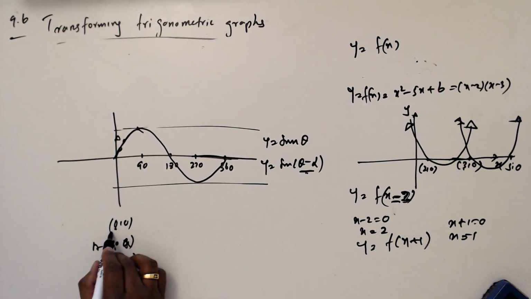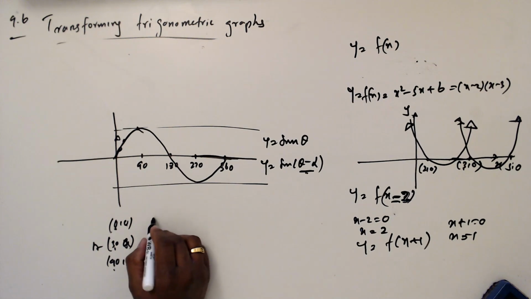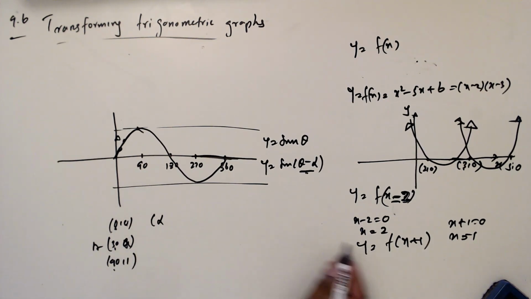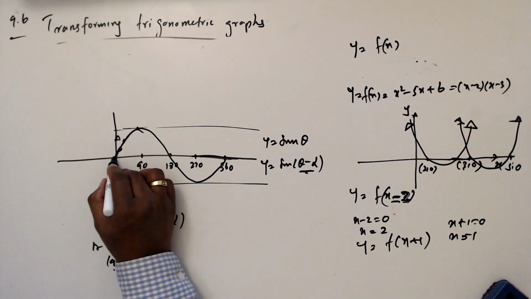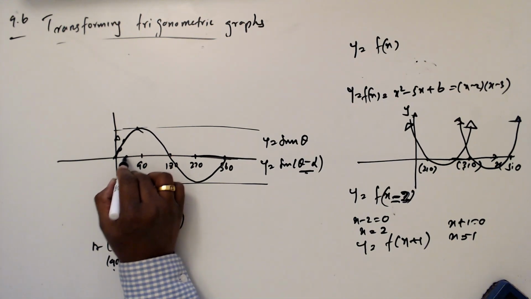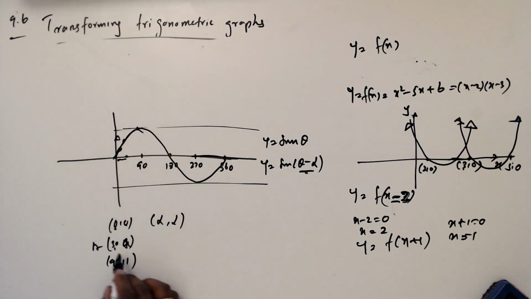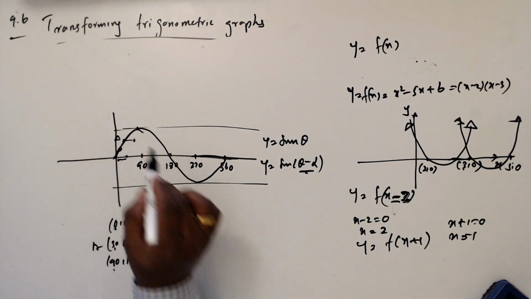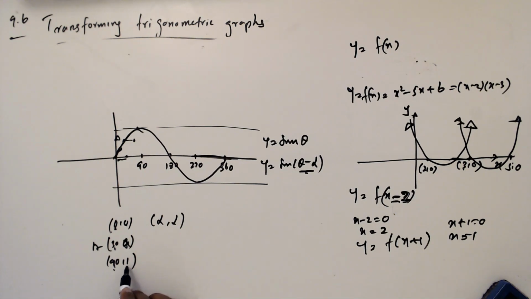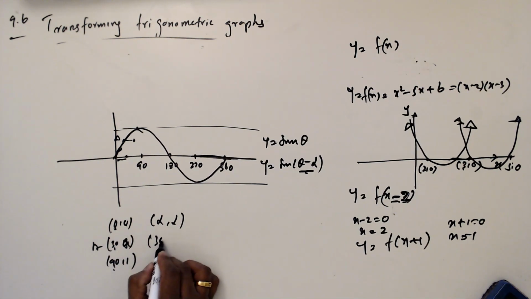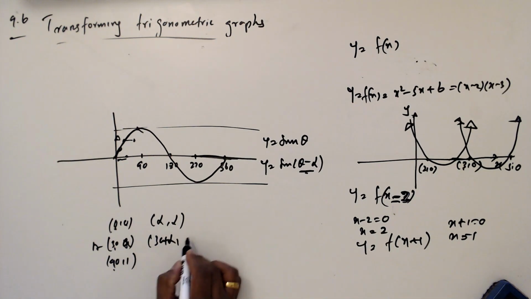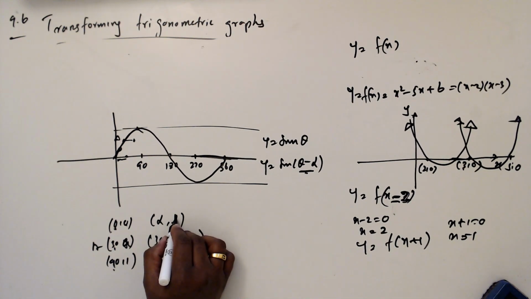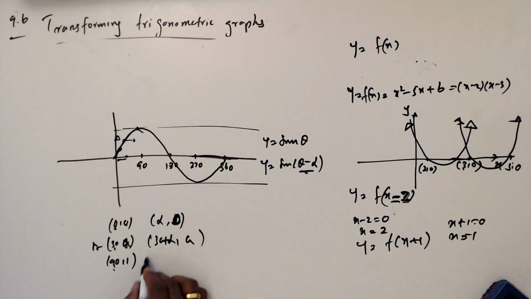It means now instead of (0, 0), its starting point is (alpha, 0). It means this point is shifted by alpha length. This point is shifted by alpha, and at 90, this is going to be 30 plus alpha, alpha, 0, and this 90 plus alpha, 1.